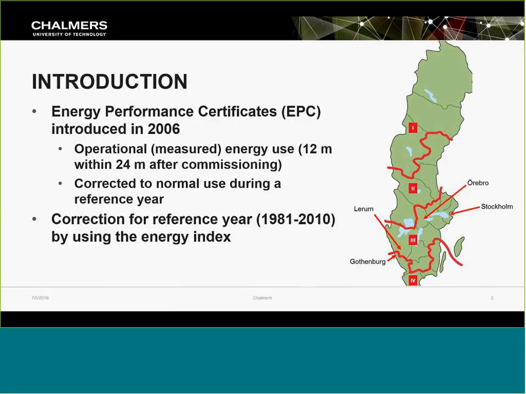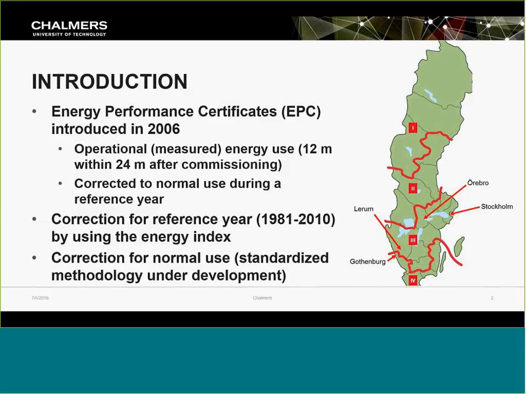So the correction for the reference year is done by using the average temperature during the year and using the energy index method to correct the energy use for the specific year that we have measured to a more common procedure or common energy use for an average reference year.